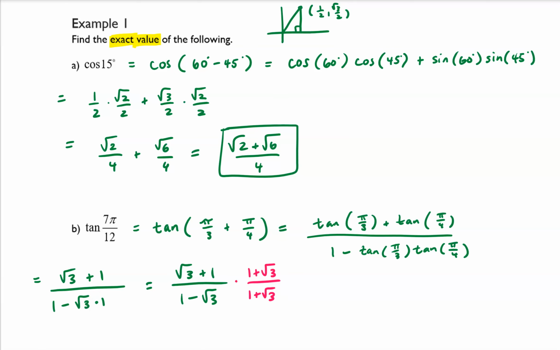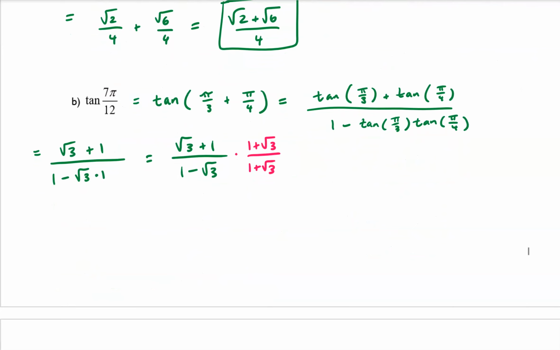And if we do that, we are going to get square root of 3 plus 3 plus 1 plus the square root of 3 over 1 minus 3.